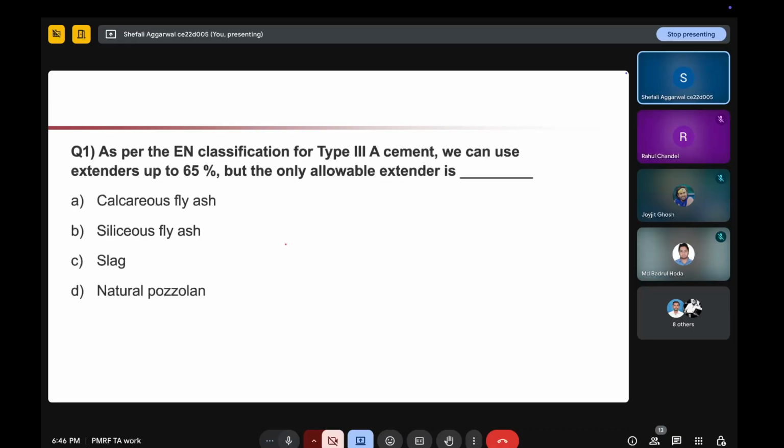Any idea? Slag. Okay. Correct. So it is already given in the slides directly. So the answer is slag.